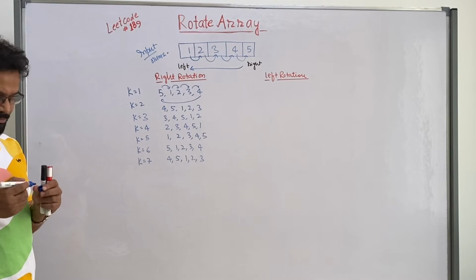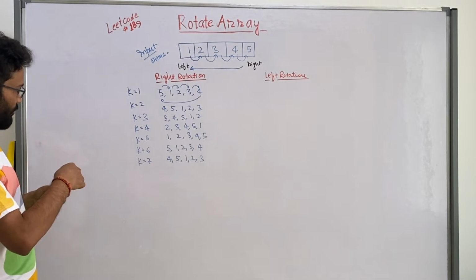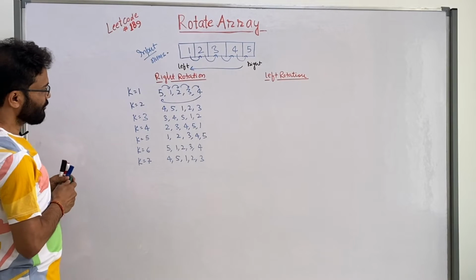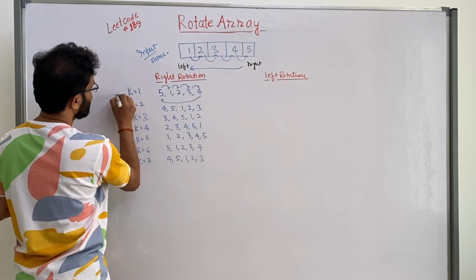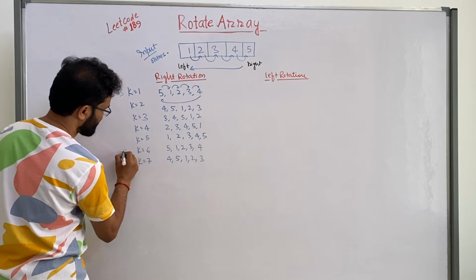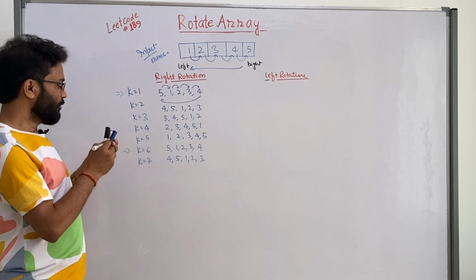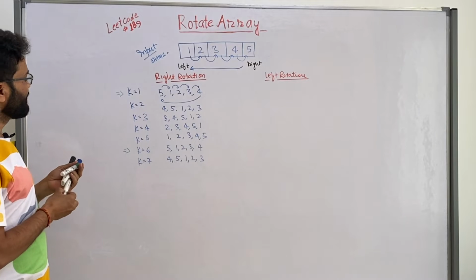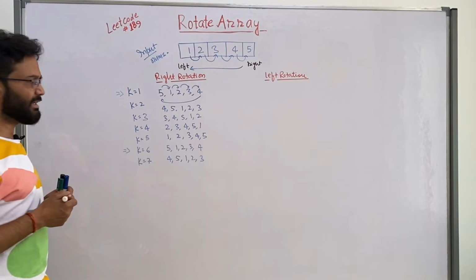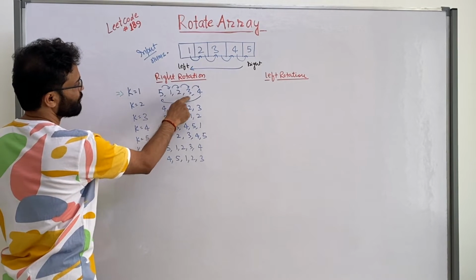But have you noticed one important thing here? Rotation 1 is equal to rotation 6. Whether you rotate 1 time or 6 times, you will get the same sequence 5, 1, 2, 3, 4.